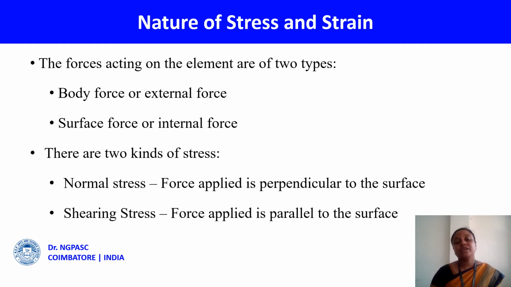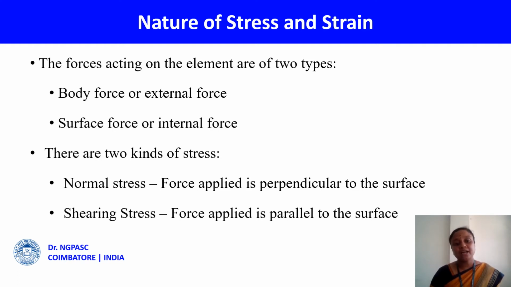Next, the forces acting on the element are of two types. One is body force or external force, for example gravitational force, and the other is surface force or internal force, which is within the body. So we can classify these as two kinds of forces.